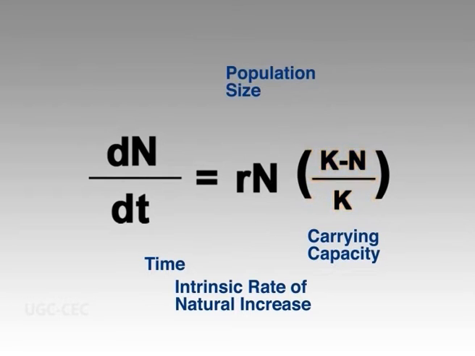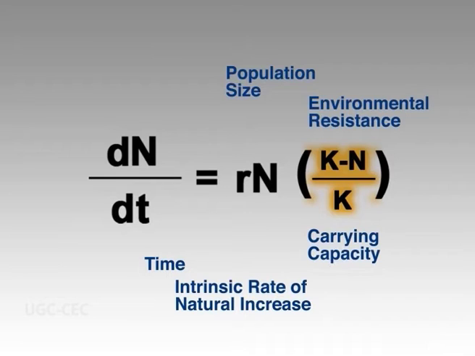Now, this term (K - N)/K represents the environmental resistance, which is defined as the sum of the factors which prevent a population from reproducing at its maximum rate.